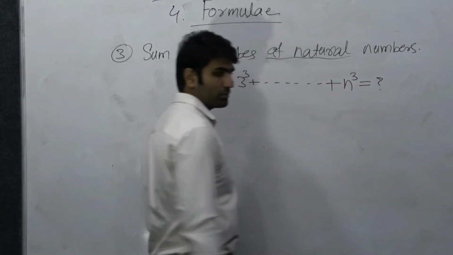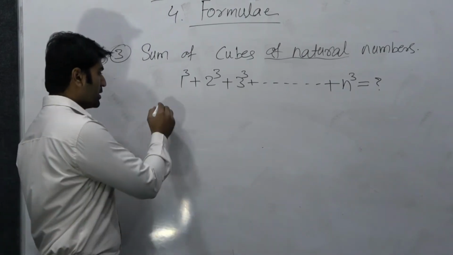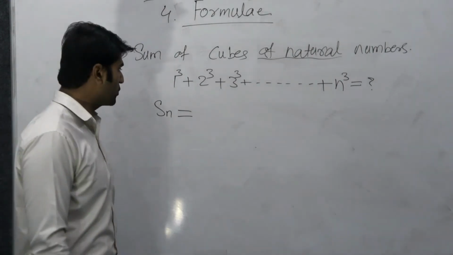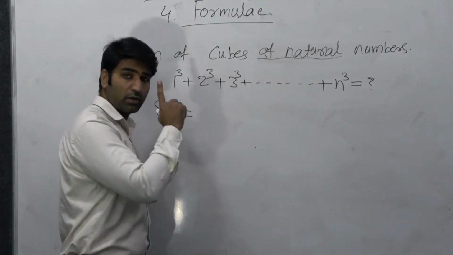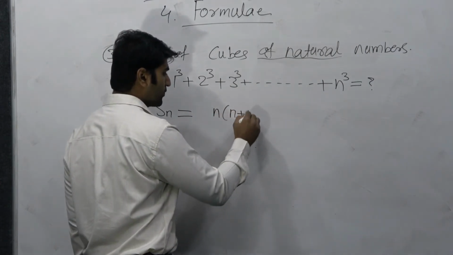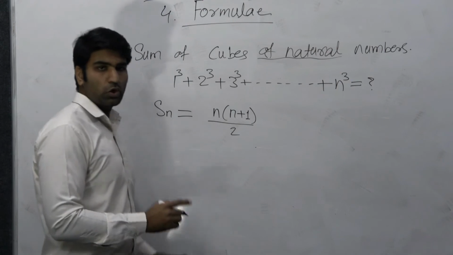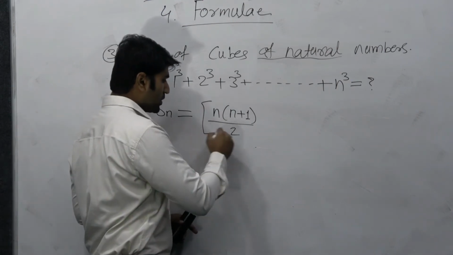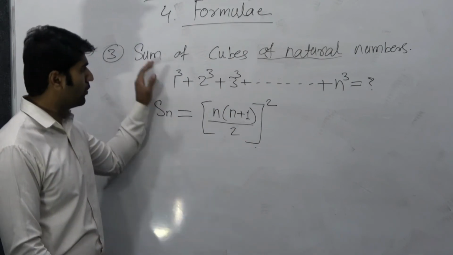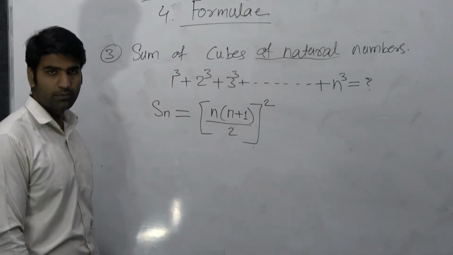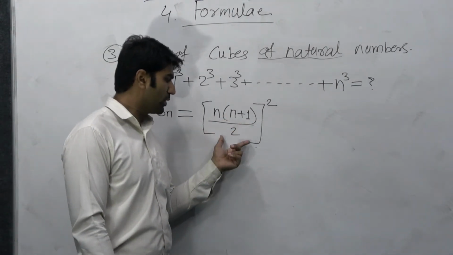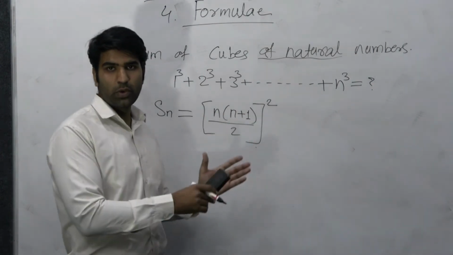Then Sn, the sum of n numbers, is equal to, remember the first formula, n into n plus 1 divided by 2. We have to square this formula, and this will be the formula for cubes of natural numbers. So Sn is equal to n into bracket n plus 1 divided by 2, bracket square.